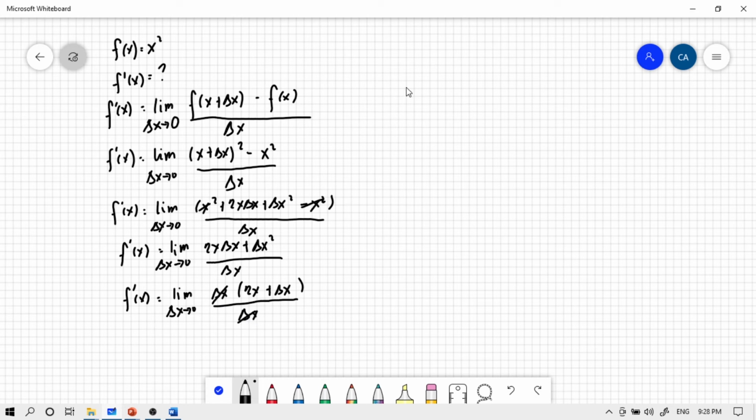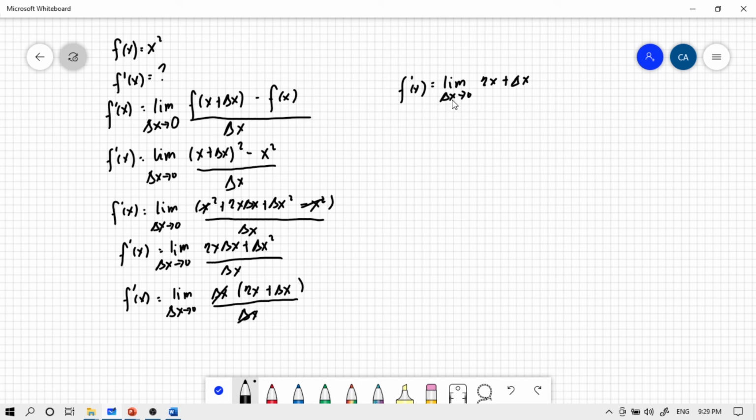Ang maiwan ay f prime of x equals the limit of 2x plus delta x as delta x approaches 0.